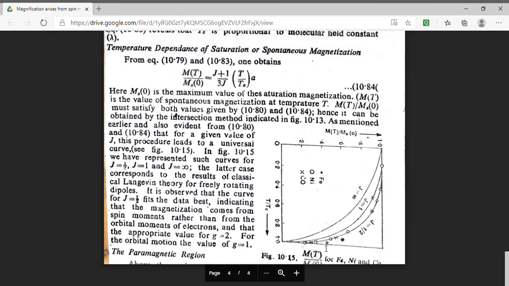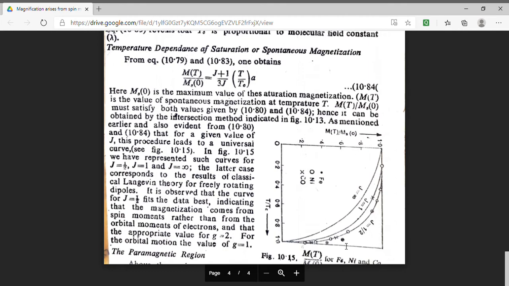This is the shape of the curve, and the other curve is for J equal to 1, and the third curve is for J equal to infinity. Here I am showing the graph for all the three ferromagnetic materials, that is iron, cobalt and nickel.